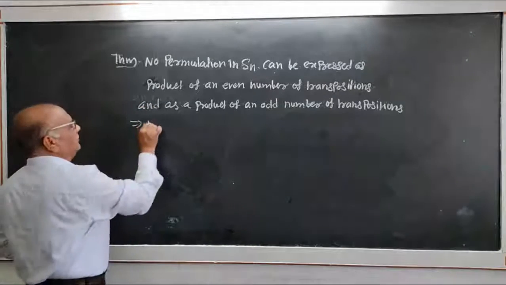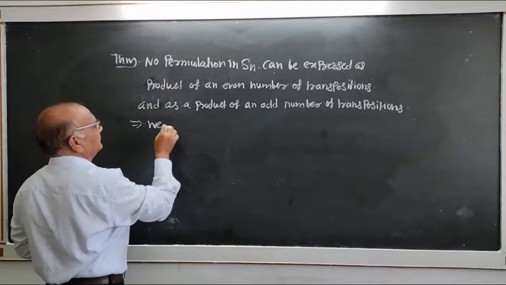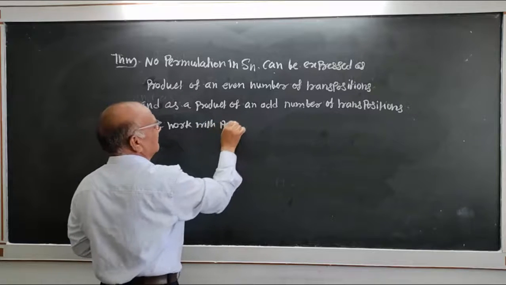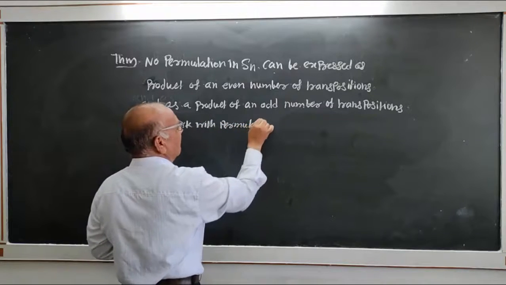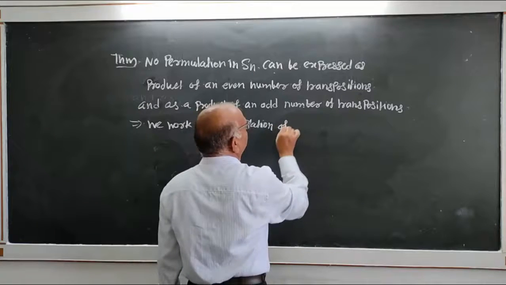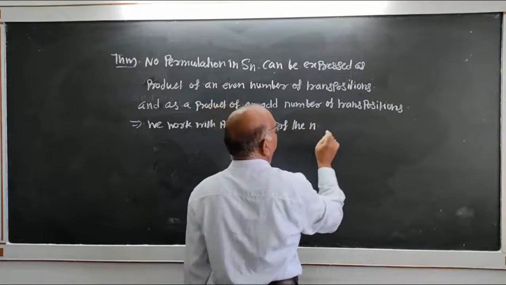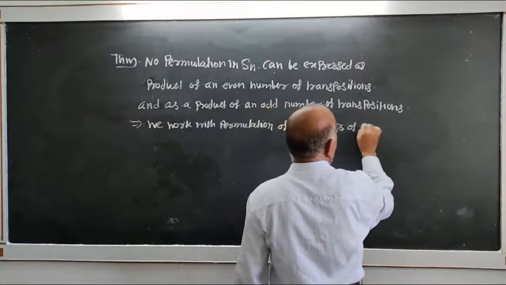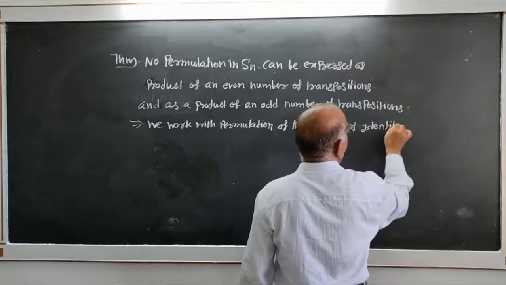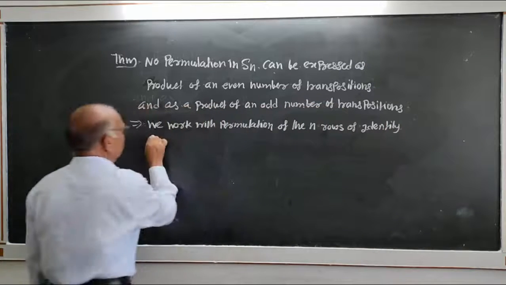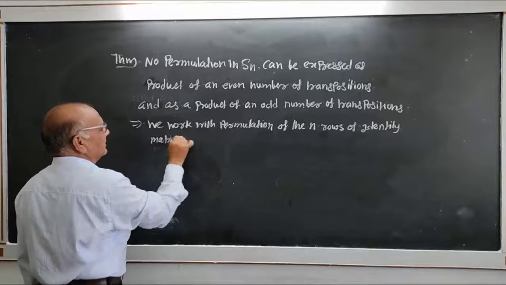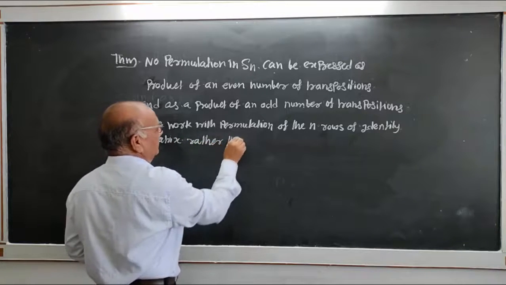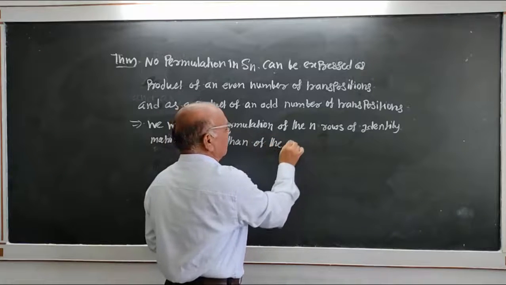Now, here we work with permutations of the n rows of the identity matrix rather than of the numbers.